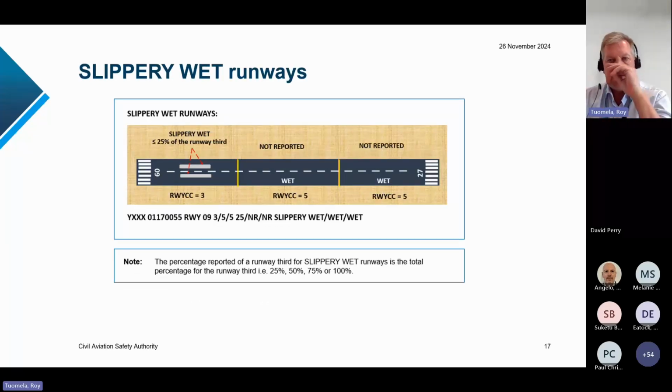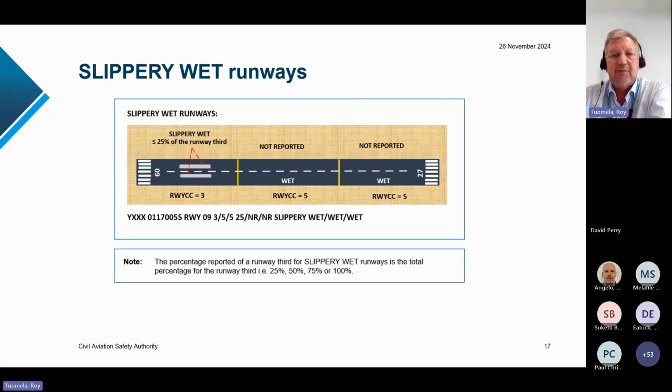Okay, this is the slippery wet runways. Now, slippery wet is not in the definition of contaminated, but it has a particular hazard due to the reduced runway surface friction. And for these slippery wet runways, these are the only times we require percentages of the runway thirds to be reported.